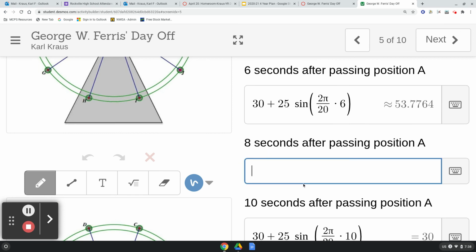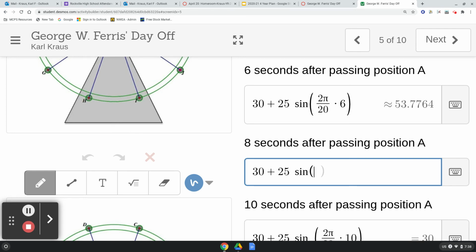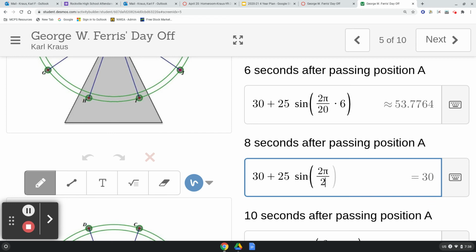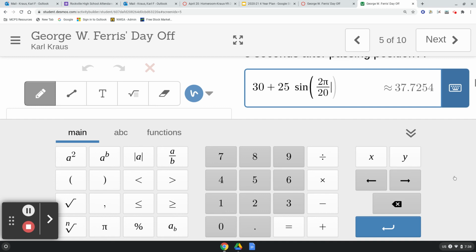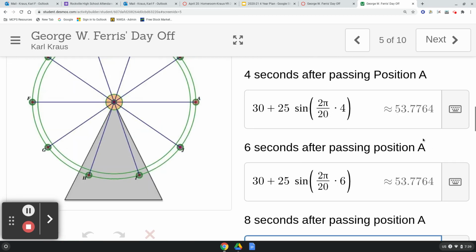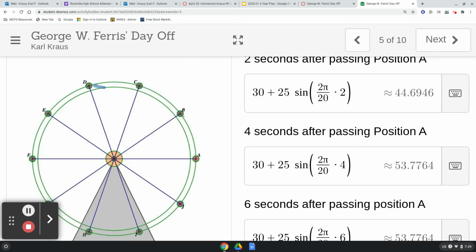And then at 8 seconds, 2 pi over 20 times 8. So I get the keyboard here. And I get 44. And if I look up here, same as 2 seconds. So 2 seconds and 8 seconds are B and E, same height.